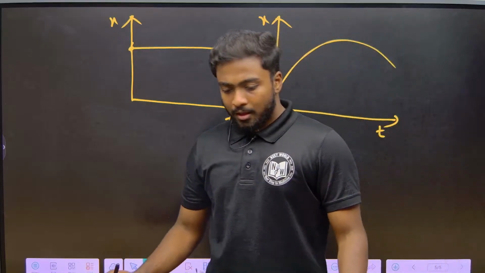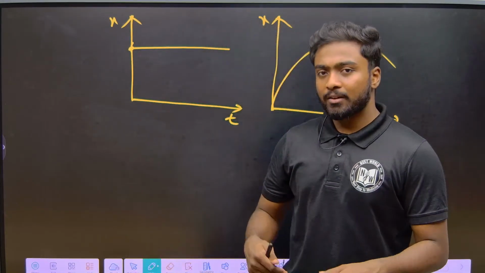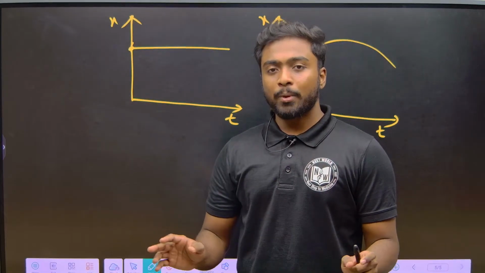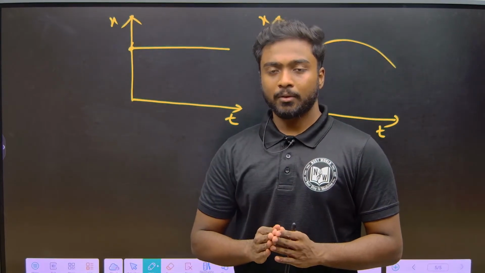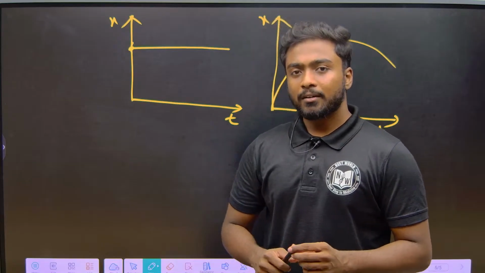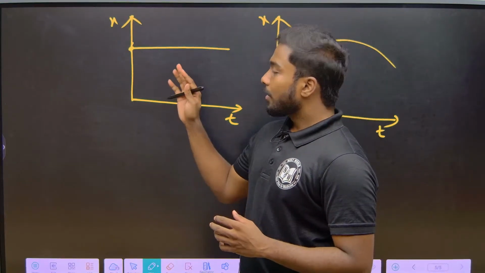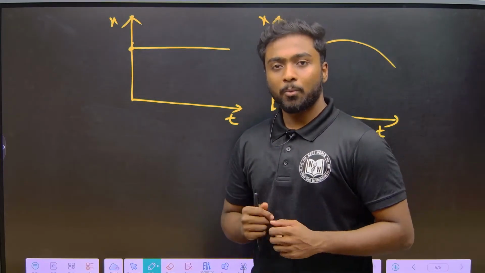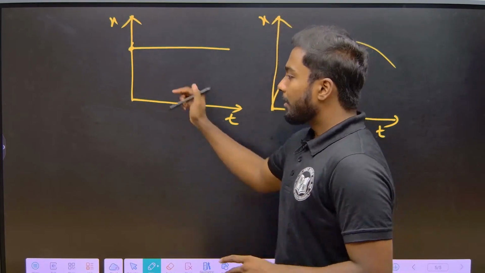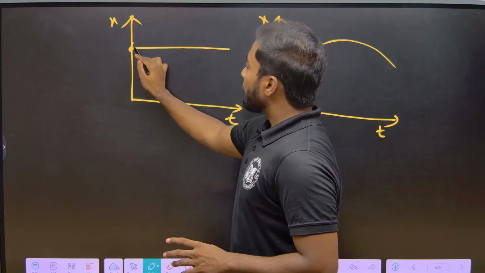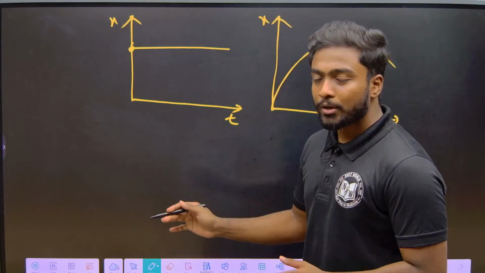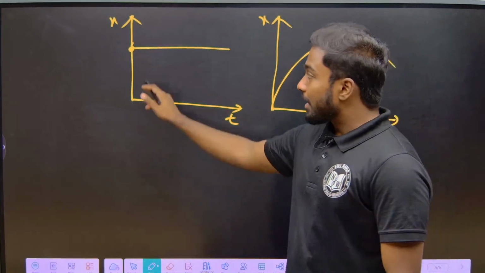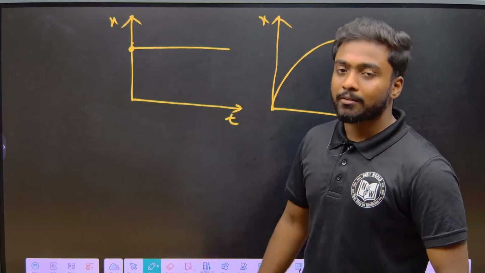Let me consider myself, I am at position A, I am not moving, but time changes. I am simply walking or jogging at some speed, but what the graph says is position doesn't change with respect to time, which means velocity is 0, right? So if we take the slope for this also, it is 0.